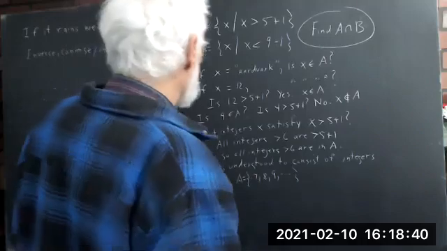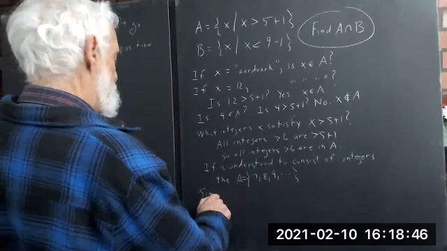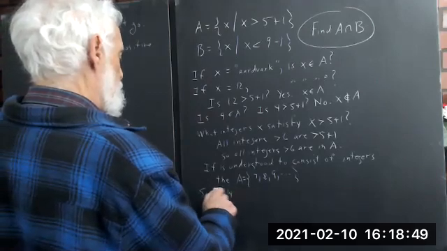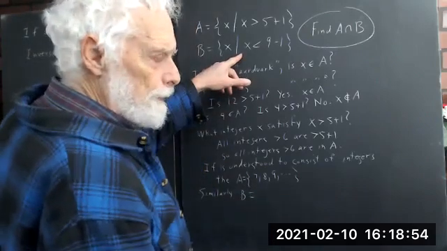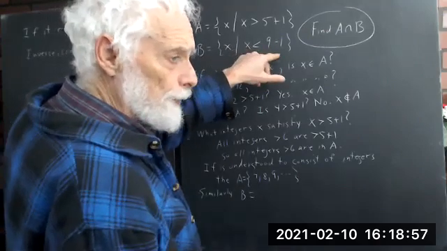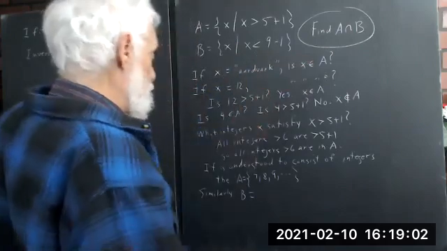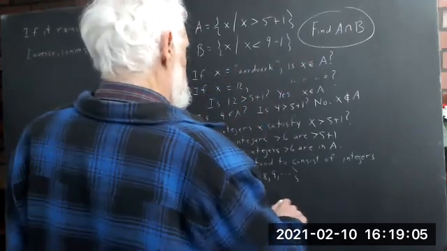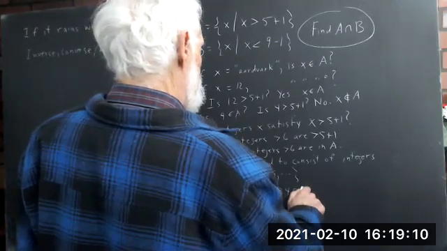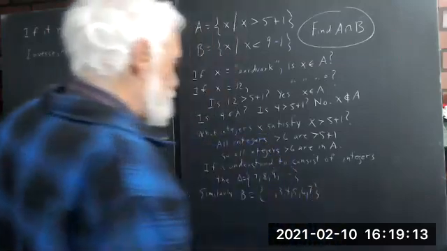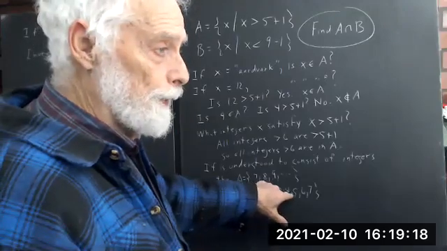And I guess I would put an equal sign there. Okay, similarly, B will be the set of integers that are less than 9 minus 1, meaning they're less than 8. 8 is not less than 8, but 7 is. So B is going to be the set of integers going all the way to negative infinity, but ending with 3, 4, 5, 6, 7.